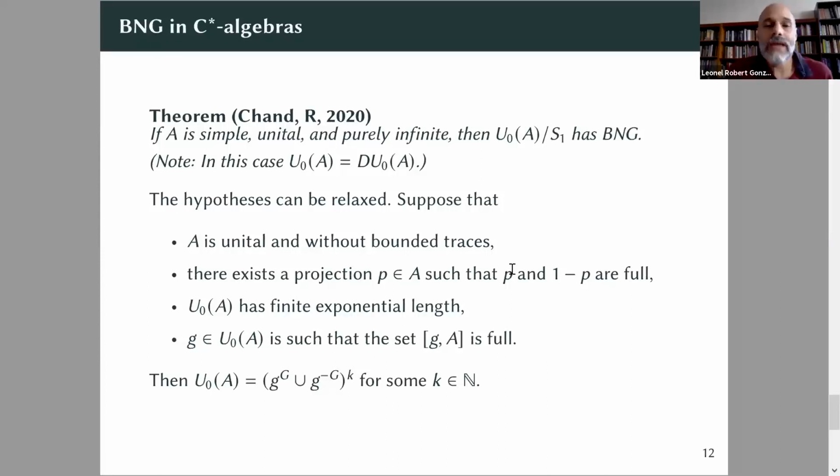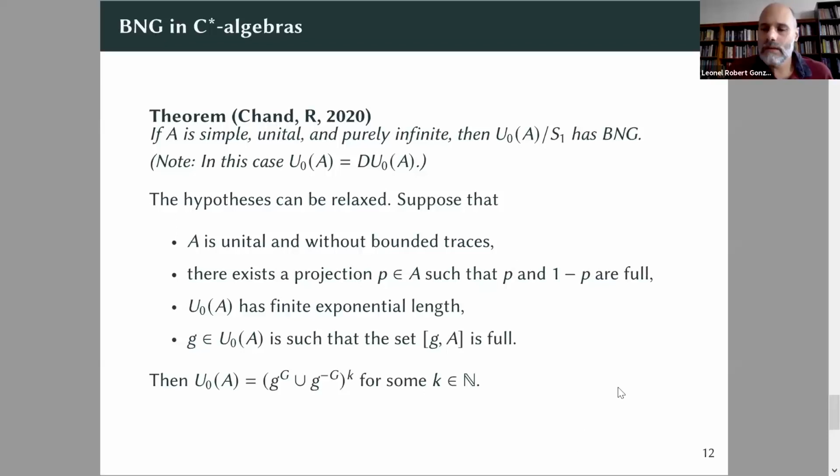So in no quotient G becomes central. Then the conjugacy class of G and G inverse, after a finite power, gives you a sort of bounded normal generation on those elements, and we can apply this then to B(H), I guess.